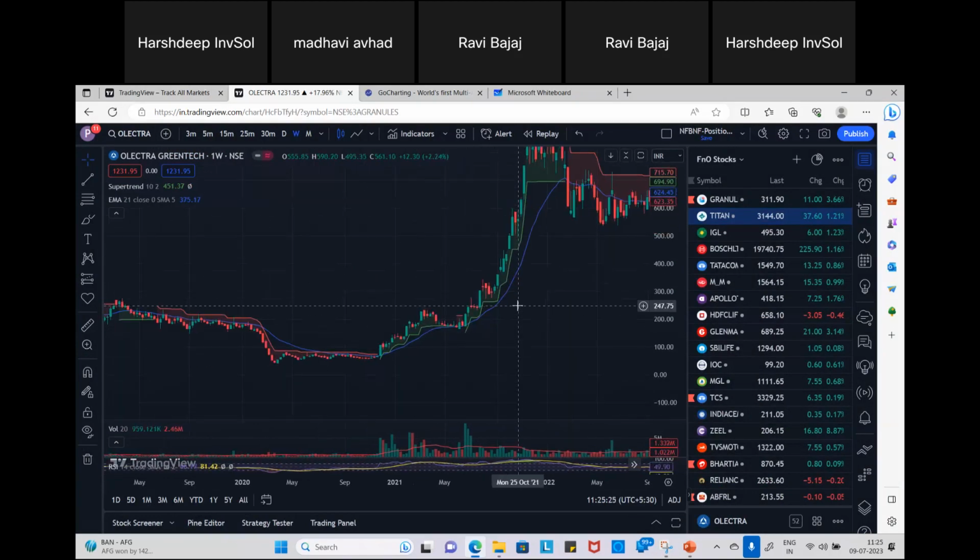So the condition is, Supertrend turns green when the price starts moving up or out of the consolidation. Okay, so consolidation is this sideways movement where it is not giving any trend as such.